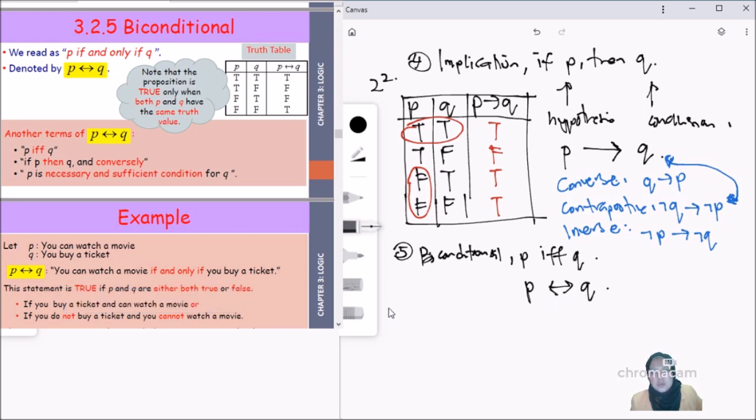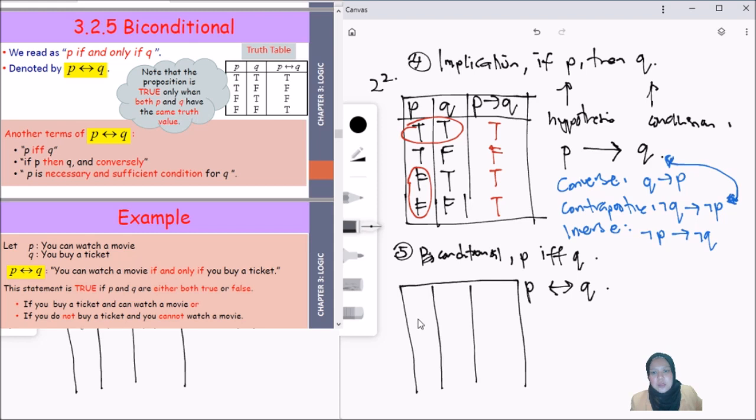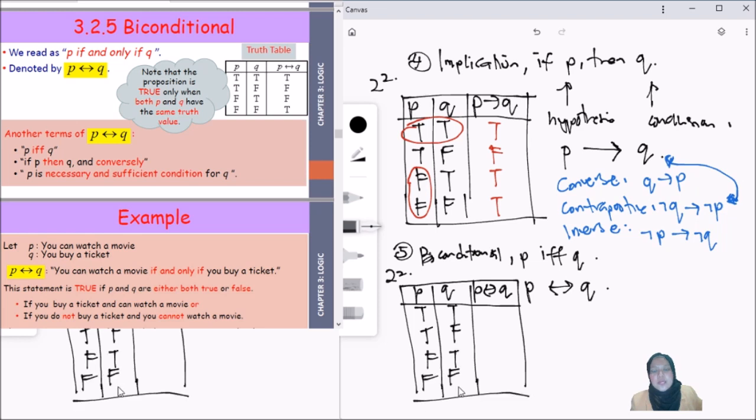So how does the truth table look for this one? Okay, we have P, Q, and the biconditional proposition. We have two to the power of 2 rows here: true, true, true, false, false, true, and false, false. Right?